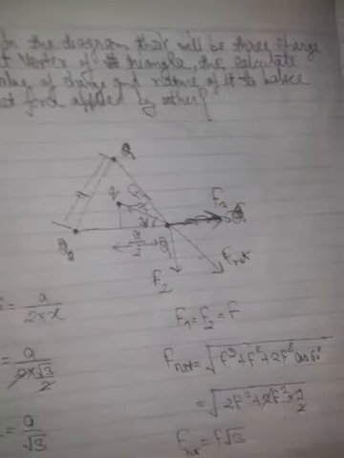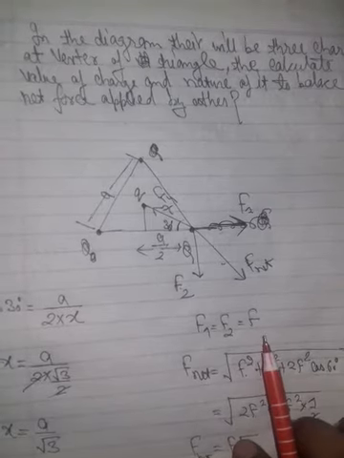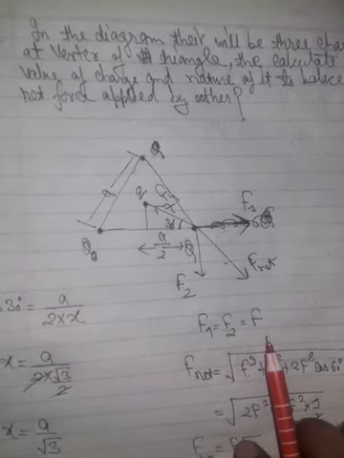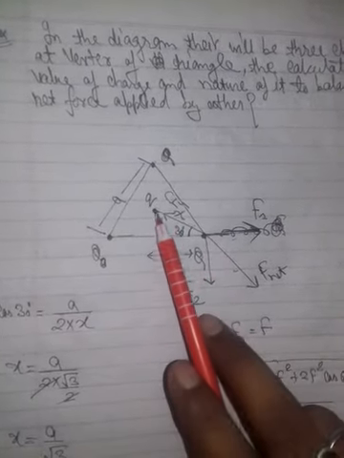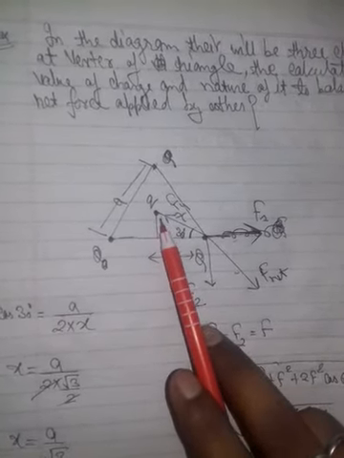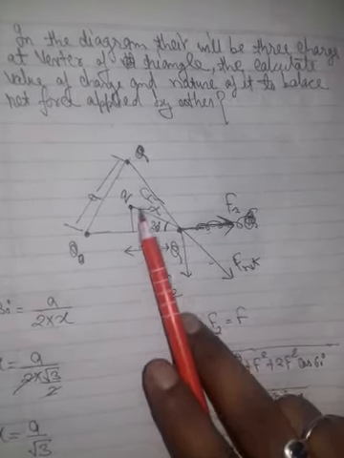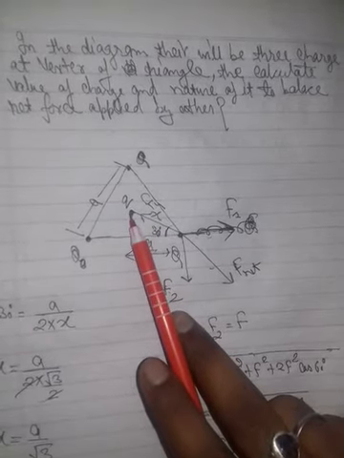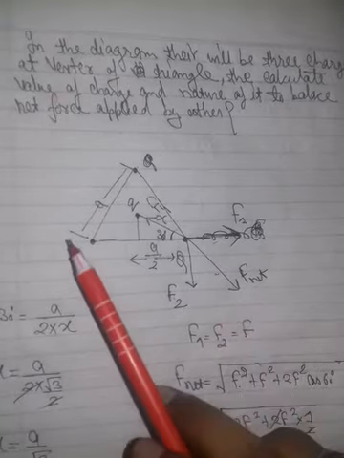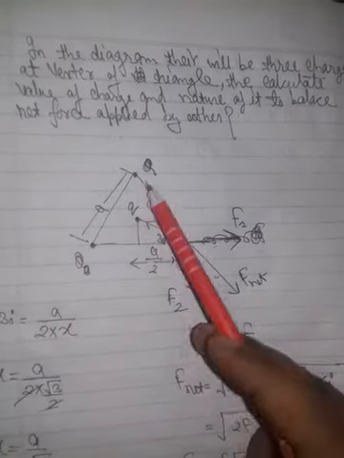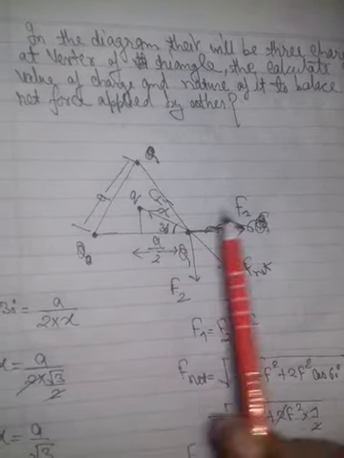In this question, it is clear from the diagram that three charges of the same nature are kept on the vertices of a triangle and a small charge at the center of the triangle, and we have to find the nature and magnitude of the charge which balances the net force applied by the other two vertices on the third vertex.